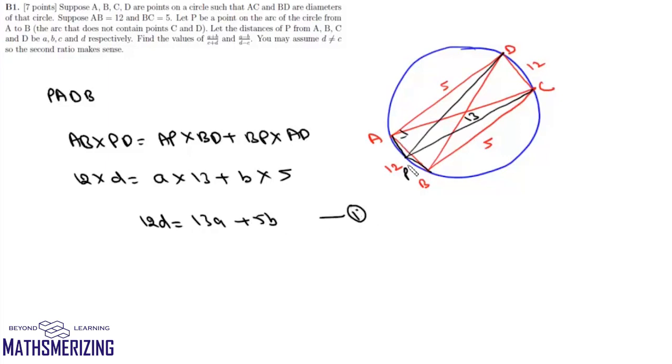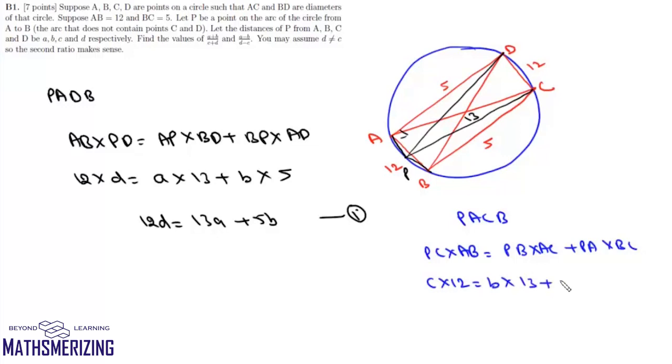Now we consider this other quadrilateral PACB. Then again, if we use Ptolemy's theorem, we can write PC into AB as PB into AC plus PA into BC. Now PC is C, AB is 12, PB is B, AC is 13, PA is A, and BC is 5.